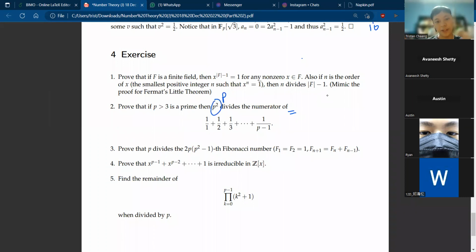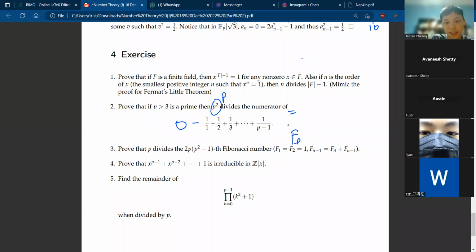P divides the numerator of this. Well, it's the same thing as taking this mod p, in F_p. It's possible, right? Because 1 to p minus 1 are all invertible. And if we prove that this is equal to 0, then we're done in F_p. That means p divides the numerator of this fraction.